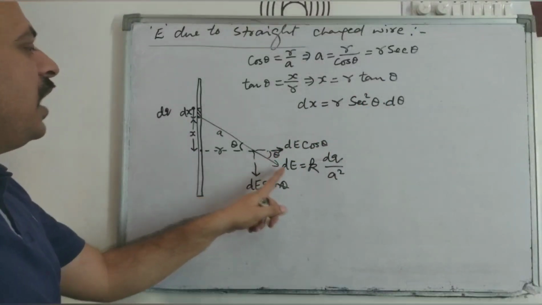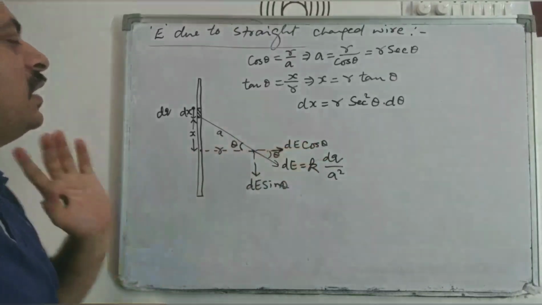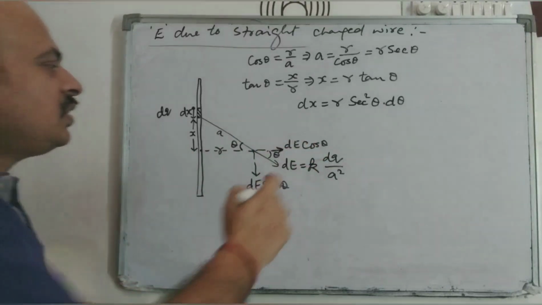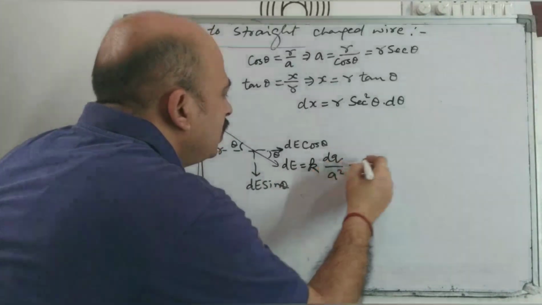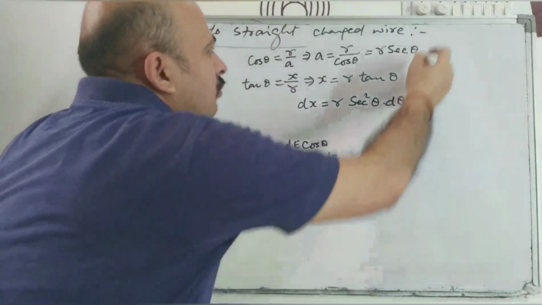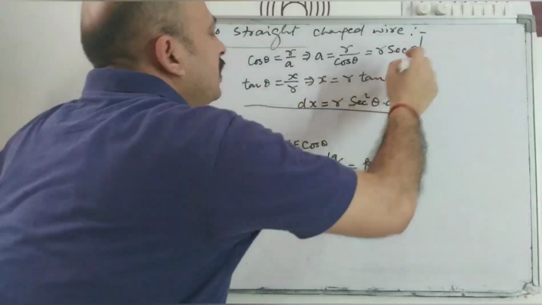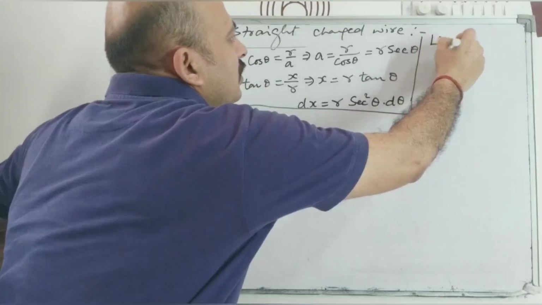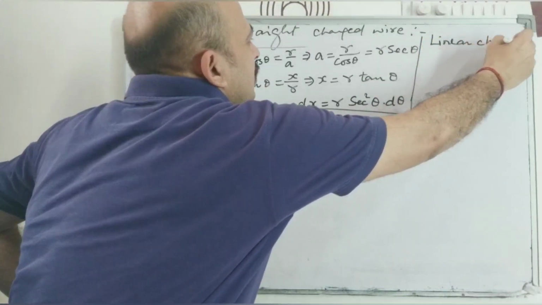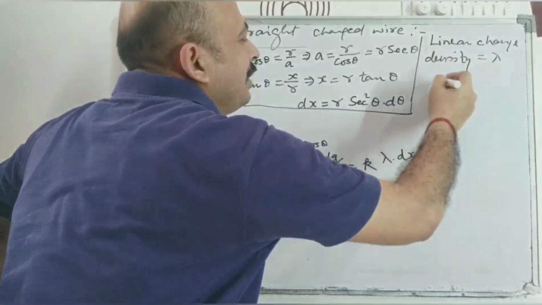Because we have dE, let us write dE in terms of theta. Here dq can be written as lambda into dx. What is lambda? Linear charge density. Let the linear charge density, that is charge per unit length, be lambda.